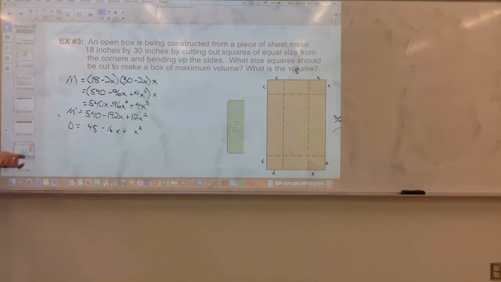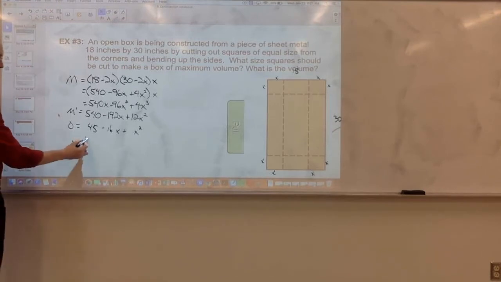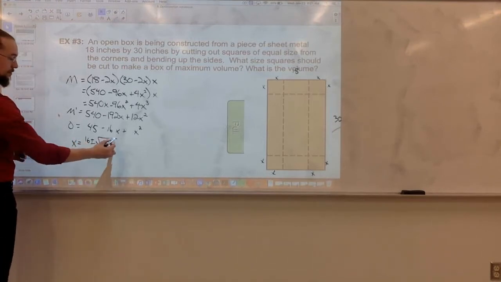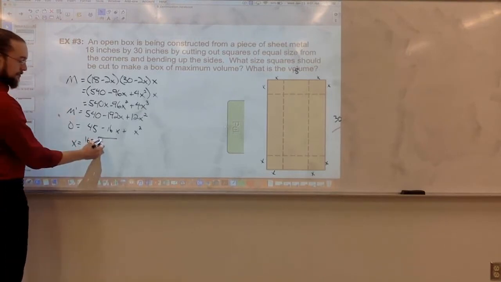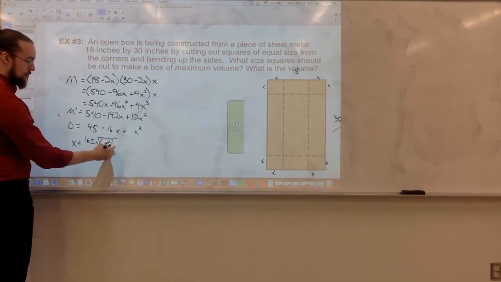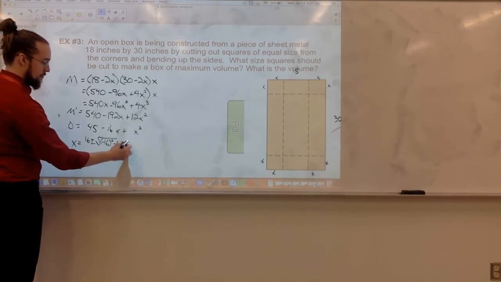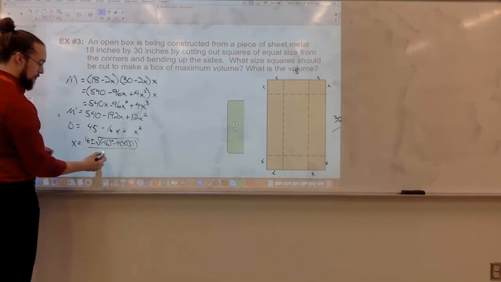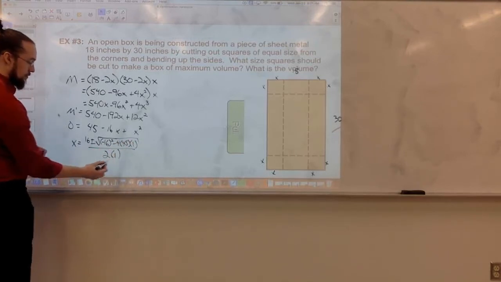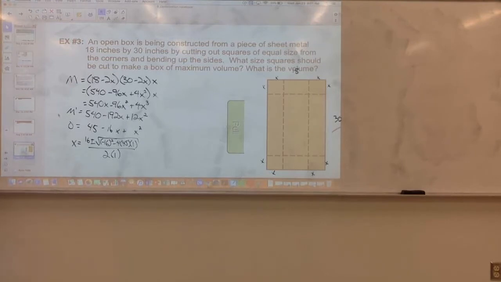So let's do the quadratic formula. x equals the opposite of 16, plus or minus the square root of b squared minus 4 times ac, all over 2a. I'm trying so hard to remember this.